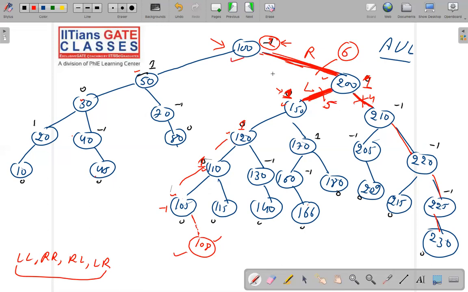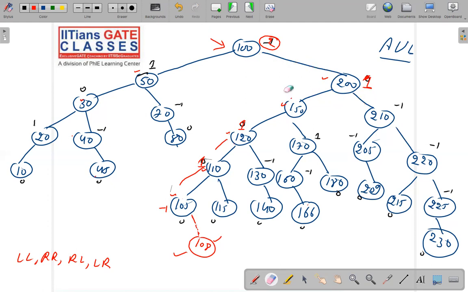So let's take 100, 200, and 150, and the rest we will give some generic label, because they won't take any part in our problem.